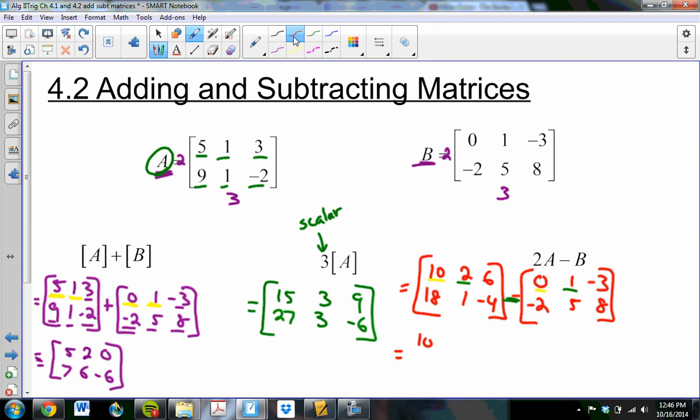But here's the one we have to be very, very careful with. This is 6 minus negative 3. Well, 6 minus negative 3 is really 6 plus 3, so that becomes a 9. That's the one that people mess up, when you're subtracting a negative. So 18 minus negative 2 is really 20. 1 minus 5 is negative 4. And then negative 4 minus 8 is negative 12.